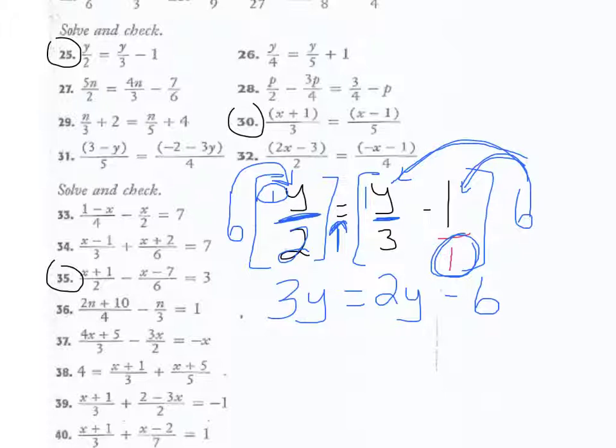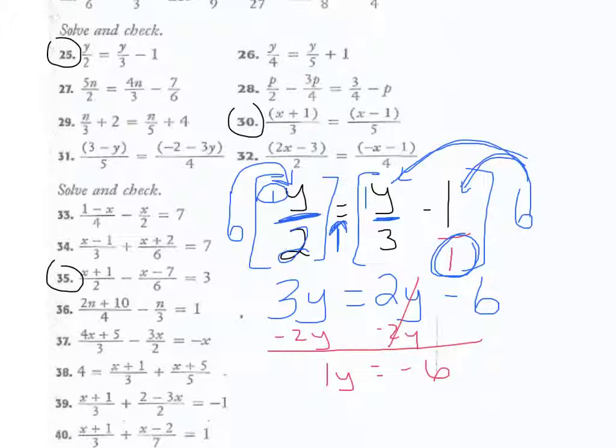And now I just have a regular equation. I can just move over the 2y on both sides. Zero model cancels that guy out. 3y minus 2y is 1y equals negative 6, and I'm done. Final answer.